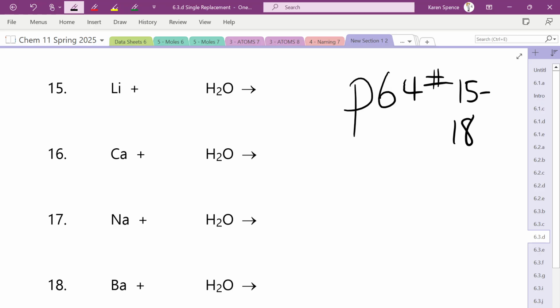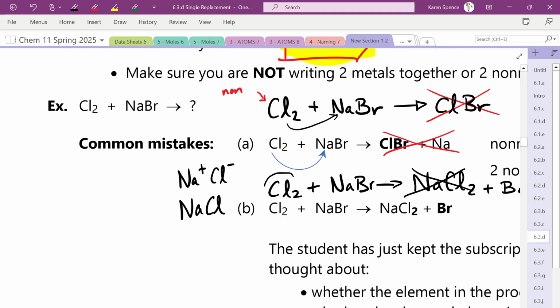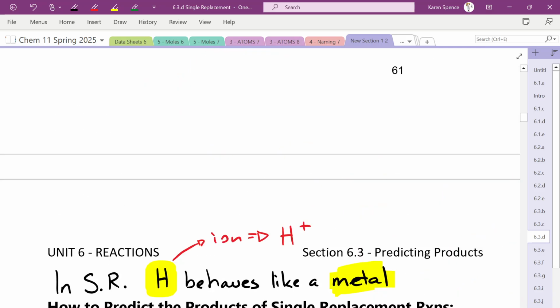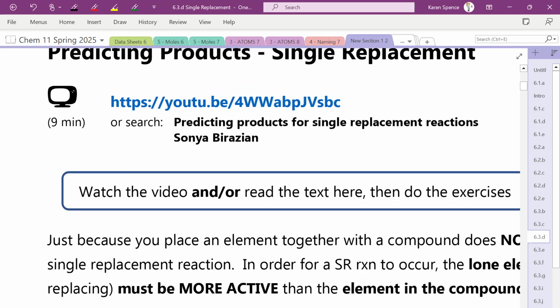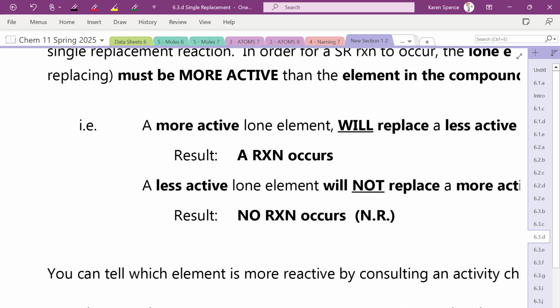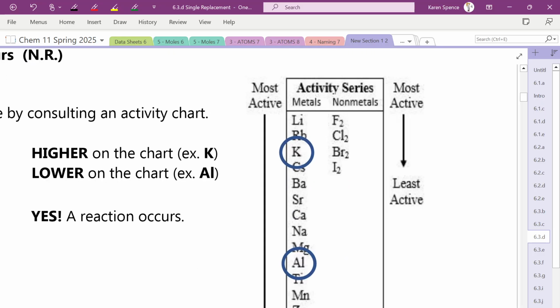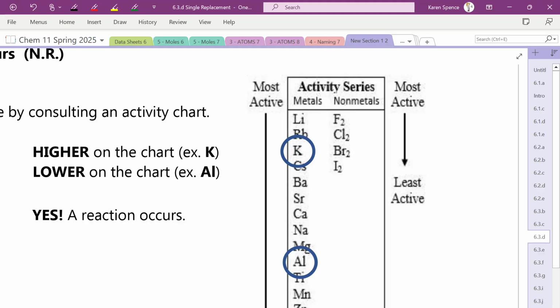Okay. We are very, very quickly going to go over page 61. We have a little chart which is called the activity series.